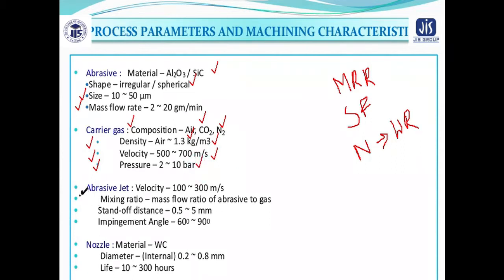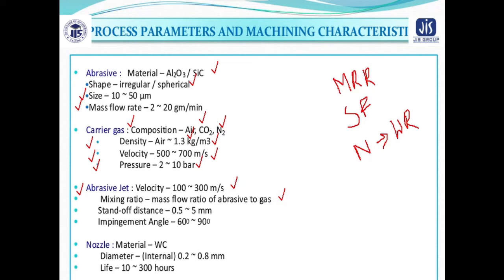Now we are talking about the abrasive jet. The velocity should vary between 100 to 300 meter per second. Mixing ratio is basically the mass flow ratio of abrasive to gas. Next is the standoff distance, also known as SOD.